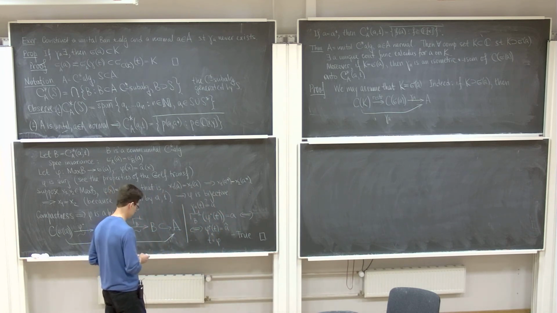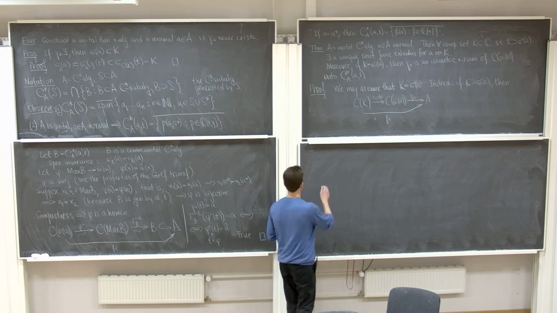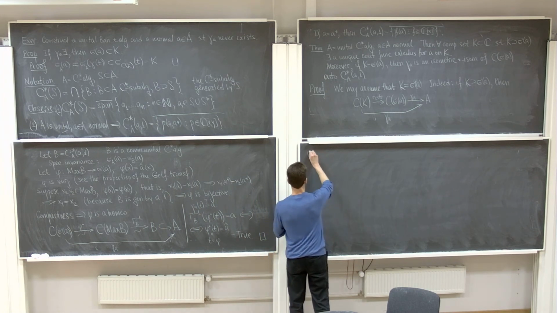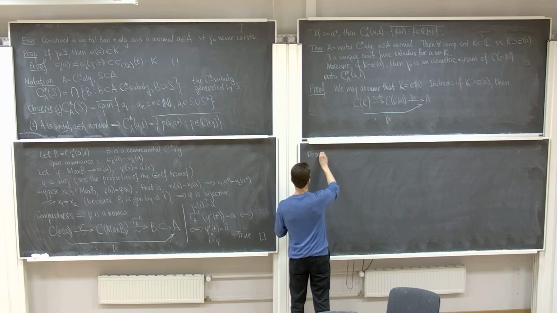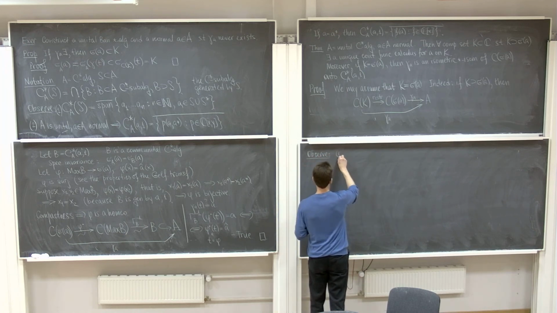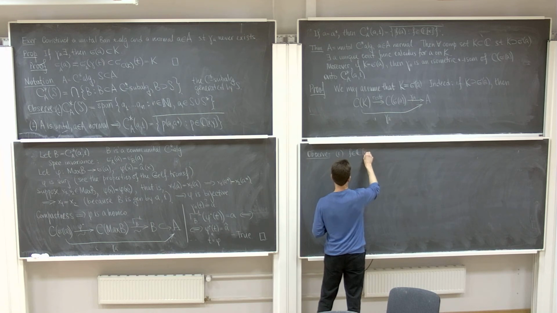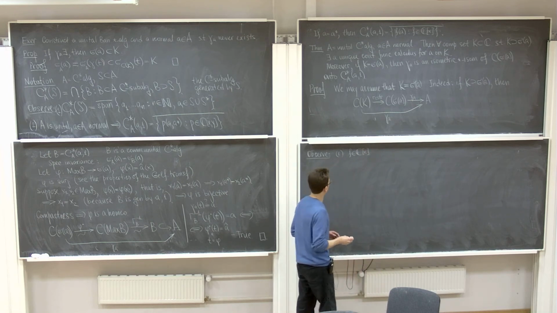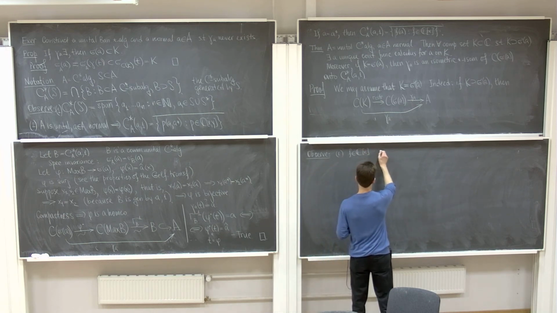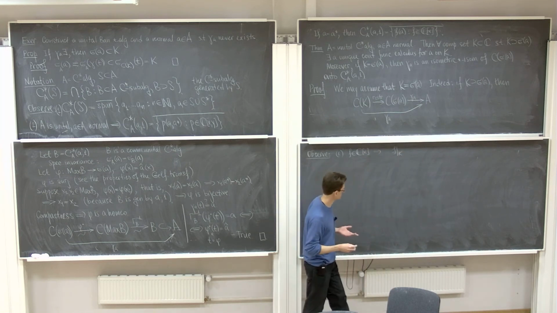Okay, so let's now observe the following. First of all, if f is a polynomial in one variable, then we can consider the restriction of f to K. Of course, this will be a continuous function.